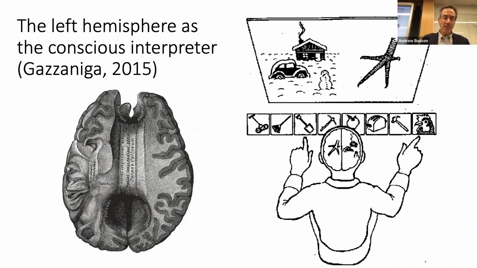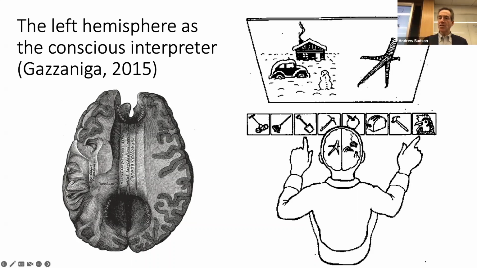Well, I want to pull in some of the wonderful work by Michael Gazzaniga with his split brain patients that has led him to talk about the left hemisphere as the conscious interpreter. So in the classic experiment that is most cited in the literature, he has patients who have their corpus callosum severed to help reduce the spread of epilepsy from one hemisphere to the other.